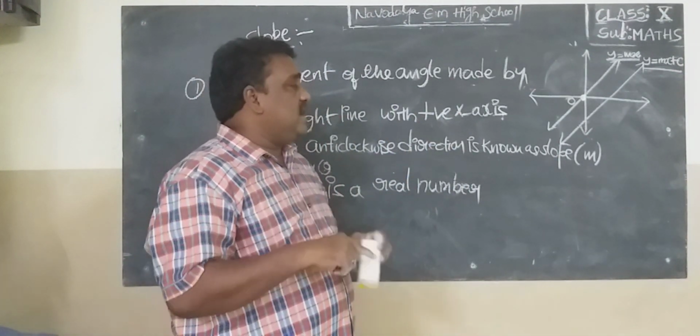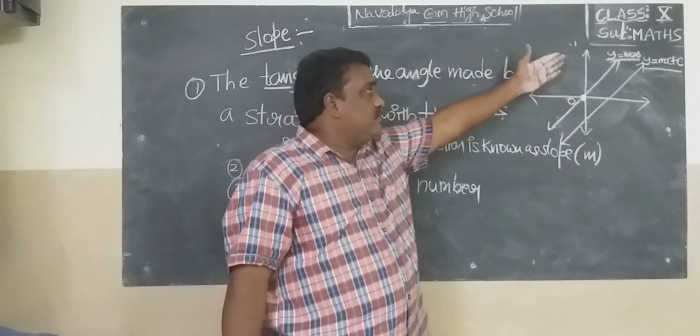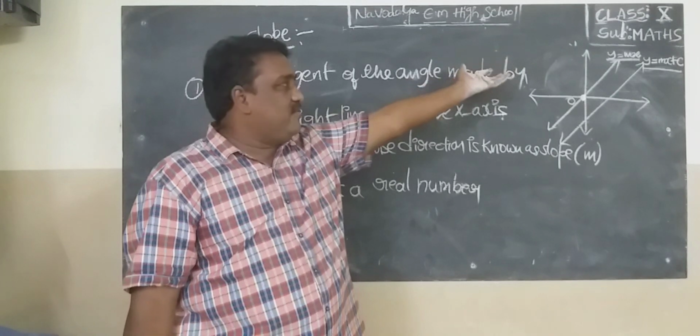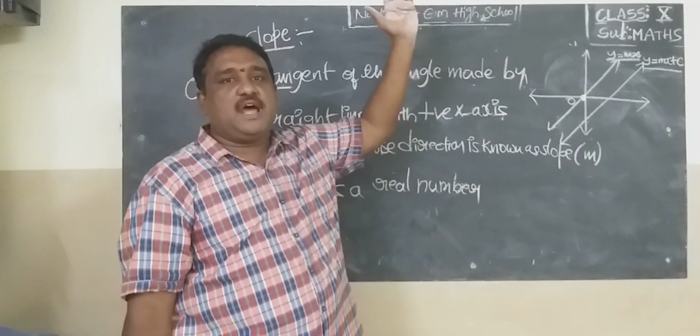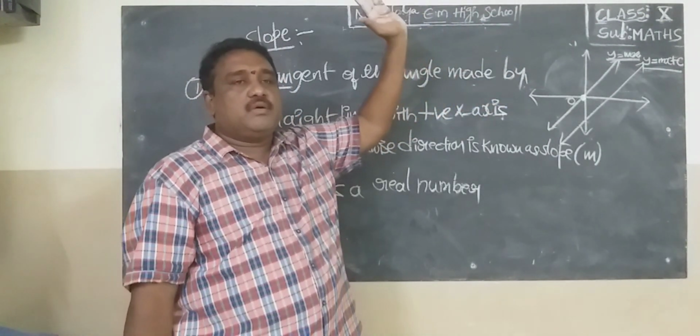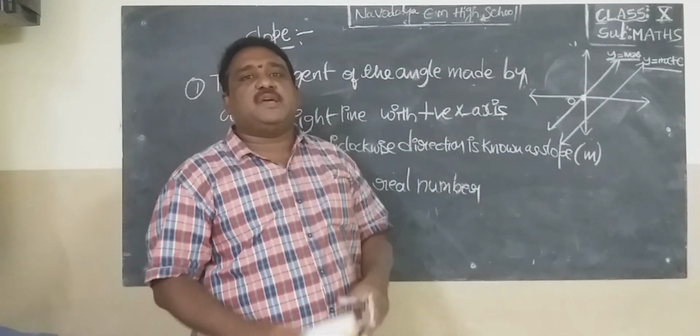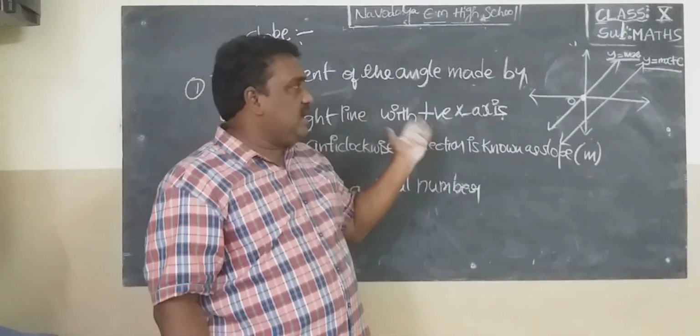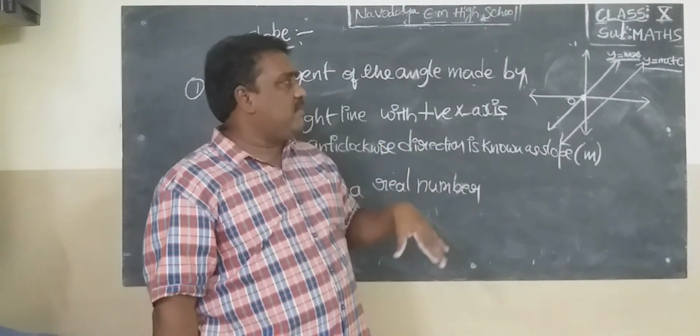Why? The lines which pass through origin are in the form of y equal to mx. The lines which do not pass through origin are in the form of y equal to mx plus c. Different forms of straight line: number 1, y equal to mx; number 2, y equal to mx plus c.